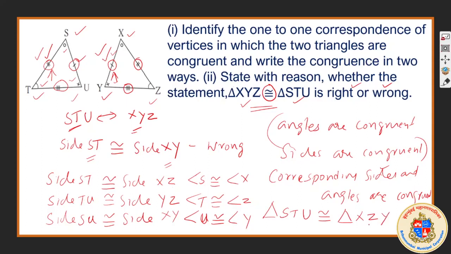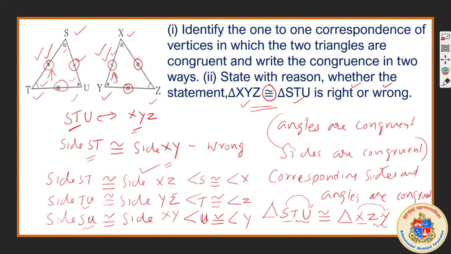This is the proper way of placing it. In that, side ST is congruent to XZ, matched. Then TU is congruent to ZY, that is YZ only, and side SU is congruent to XY.